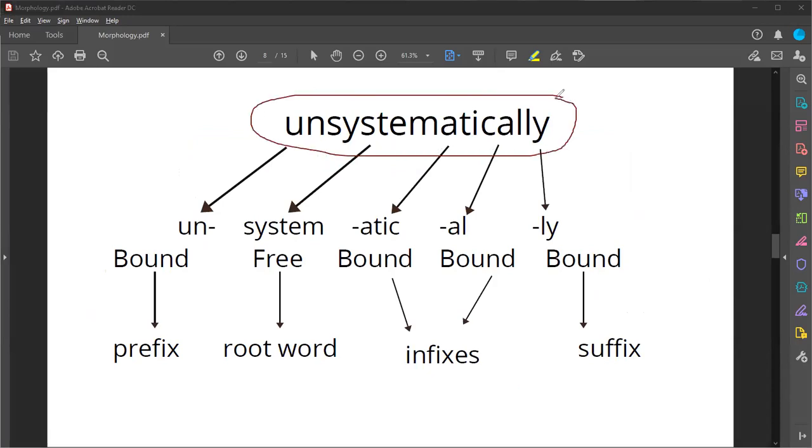This is an example of a basic word. So sir, is this a morpheme? Yes, it is. But how can we identify if it is a bound or free morpheme? So we need to dissect.